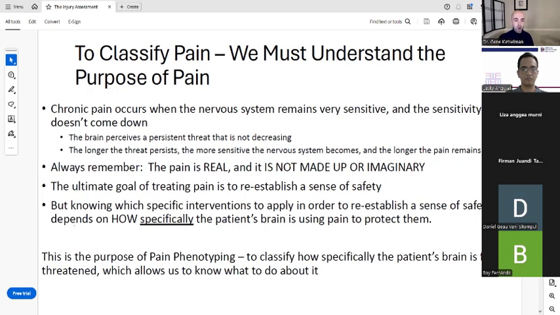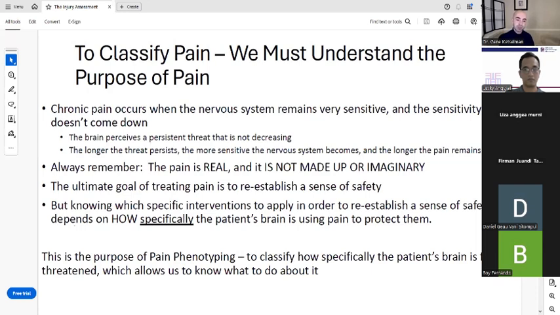So the ultimate goal of treating pain is to reestablish a sense of safety. Whether it's an acute injury or chronic pain, the whole goal is to reestablish safety. But knowing which specific interventions to apply in order to reestablish a sense of safety depends on how specifically the patient's brain is using pain to protect them.